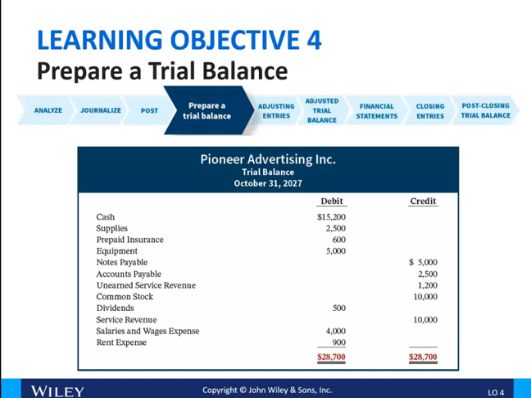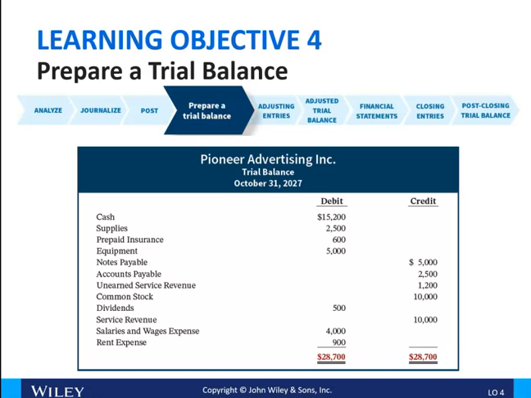If you look at this, cash is the first debit item, so we have a dollar sign on that first item. If we go down the credit side, we have our assets first, so none of those are credits. Notes payable is our first liability, which is a credit balance. That has a dollar sign on it. If we go down to the bottom, there's that single underline under each column, which represents that we're adding that column up.